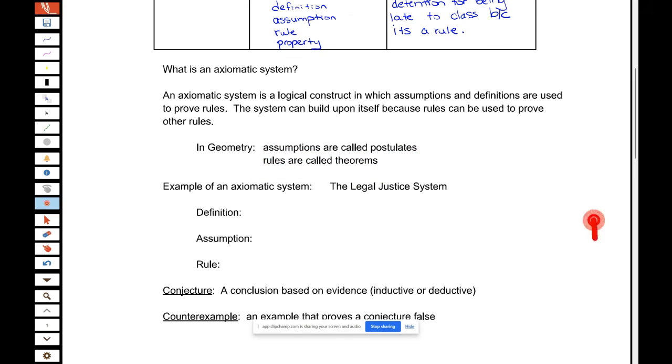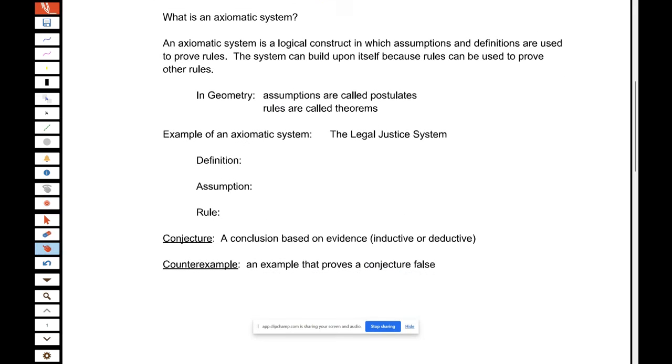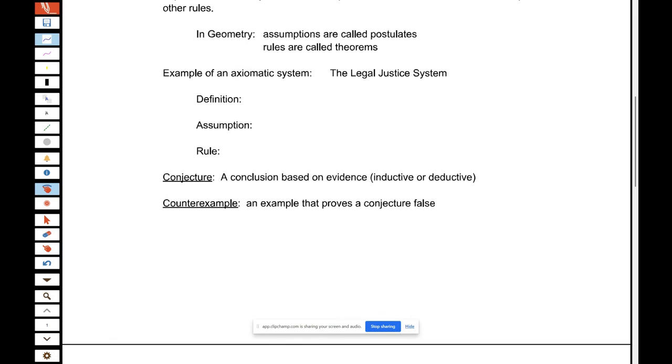Okay, so let's give some examples of axiomatic systems outside of the realm of geometry. So I have the legal justice system. I looked up something. Let's define armed robbery. I read online that armed robbery is when you are robbing someone with a threat of force using either some kind of weapon or a convincing replica of a weapon.